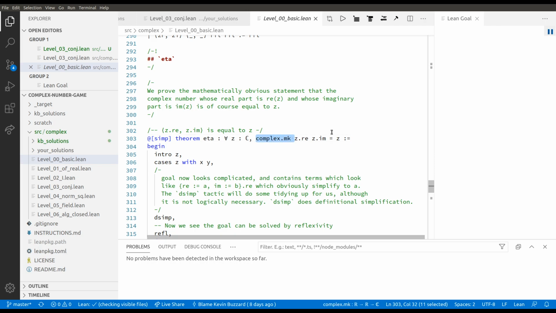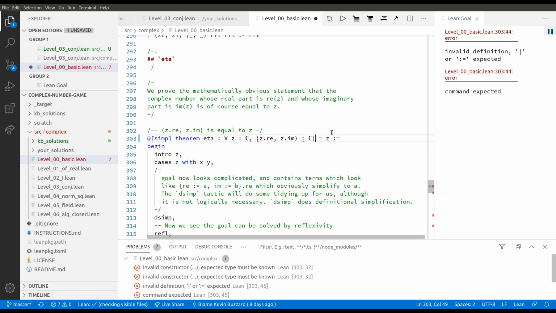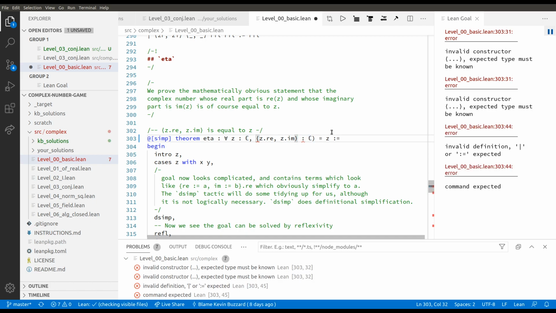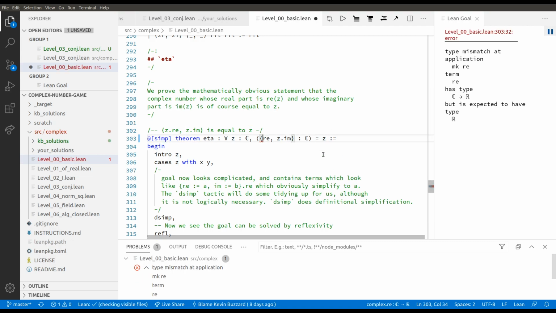What does this say? If I've got a complex number, then I can get two real numbers, its real part and its imaginary part.